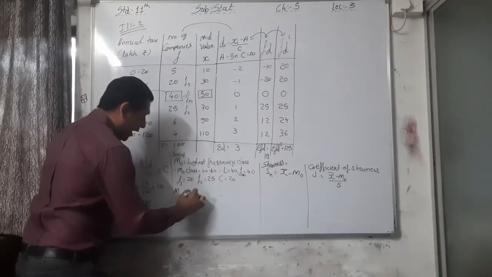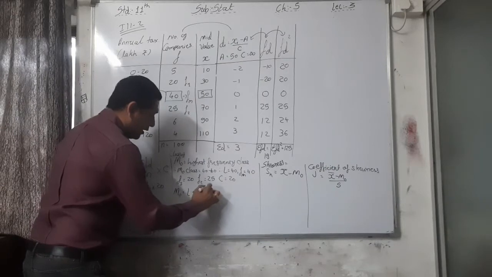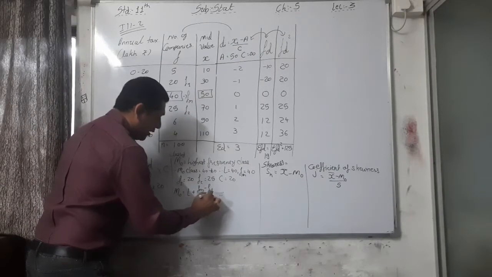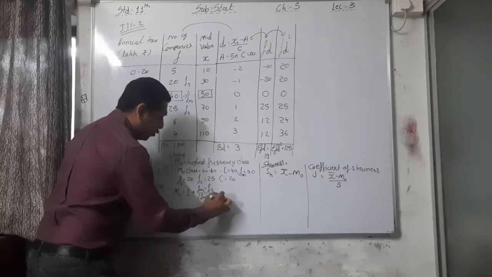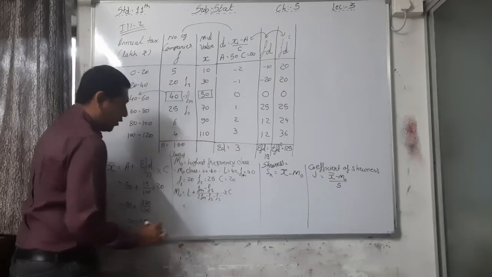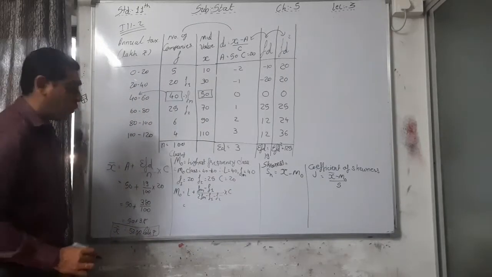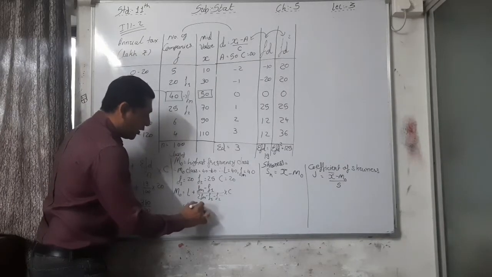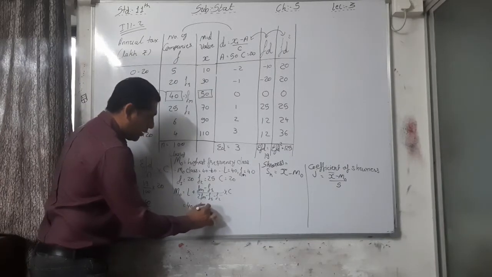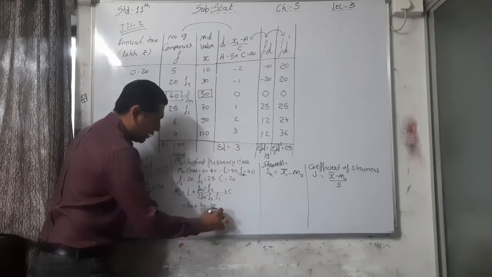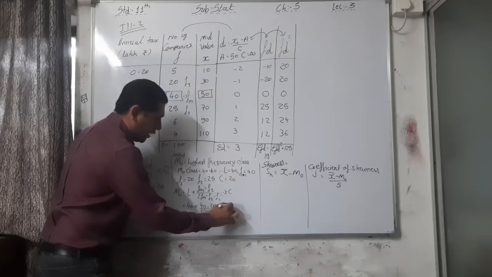Mo is equal to L plus (FM minus F1) upon (2 FM minus F1 minus F2) into C. This is the formula. L is equal to 40 plus FM is 40, minus F1 20, upon 2 into 40 minus 20 minus 25, into 20.